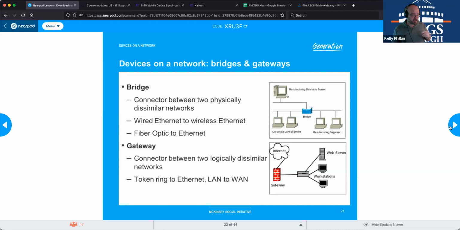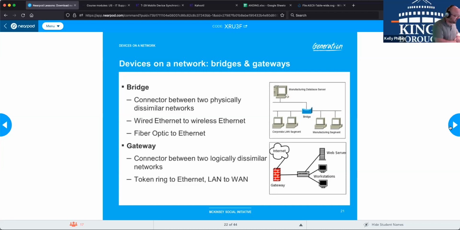So if I'm coming in with coaxial, like cable internet, but everybody else on the network is operating on Ethernet, I need a bridge to translate between the coaxial and the Ethernet. Or if I'm going from fiber optic to wireless, if I'm changing over what media I am using, I need a bridge to make that happen.